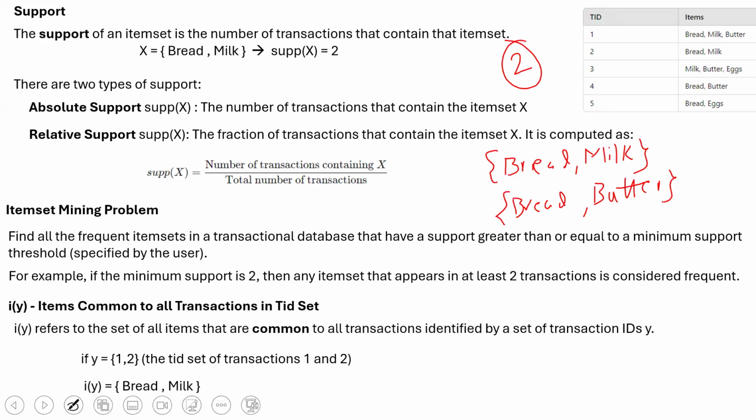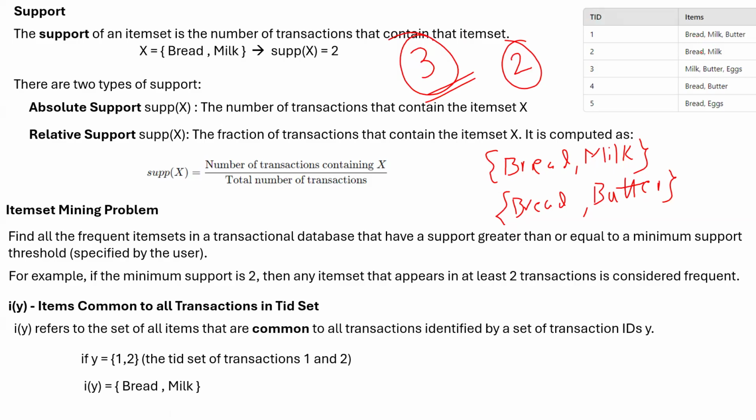But if I set the threshold, the minimum support threshold, as 3, can you tell me what items would be picked now by the item set mining? What items would you consider as frequently bought together if the minimum support threshold is set to 3? You have to find out if a combination of items is happening thrice or not.